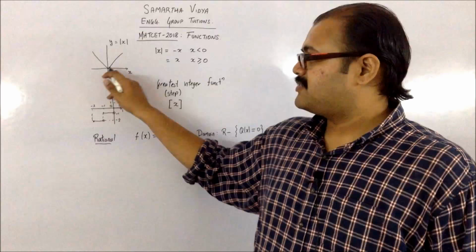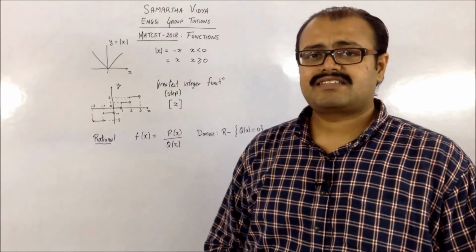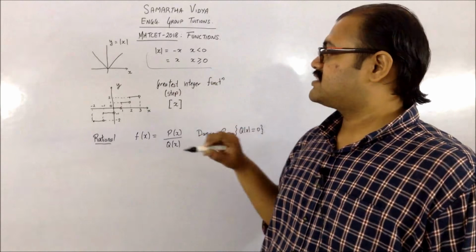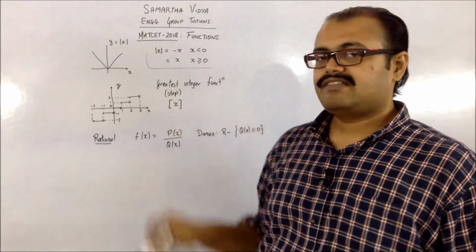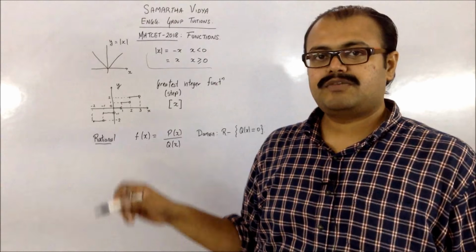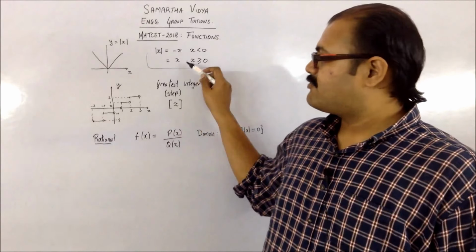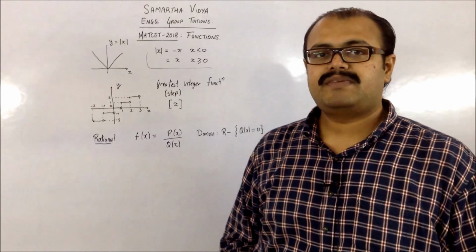The graph for that is in this V shape. You have to remember this particular definition: for negative values of x, it gives you minus x to make it positive, and for positive values of x, it gives you x.